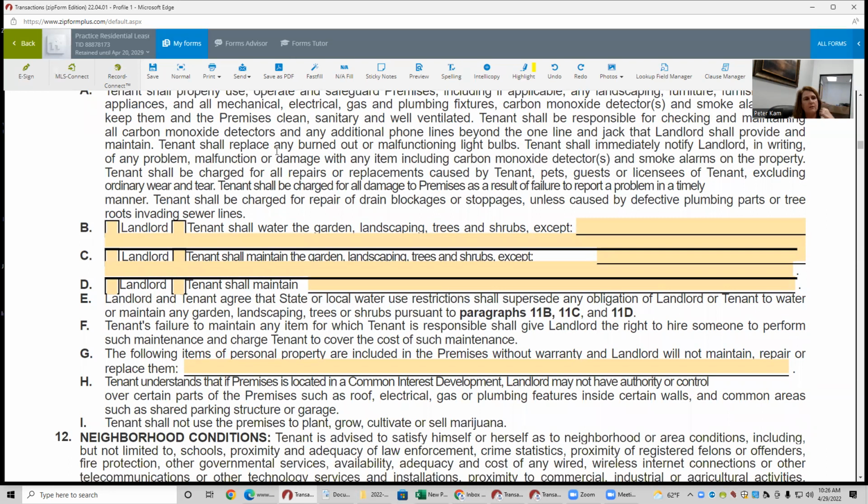That would be very frustrating for a property manager to keep getting requests to replace light bulbs. And I know in the past that has happened. So please make sure that the light bulbs are working when the landlord moves a tenant in. Thereafter, the tenant needs to replace those burned out light bulbs.